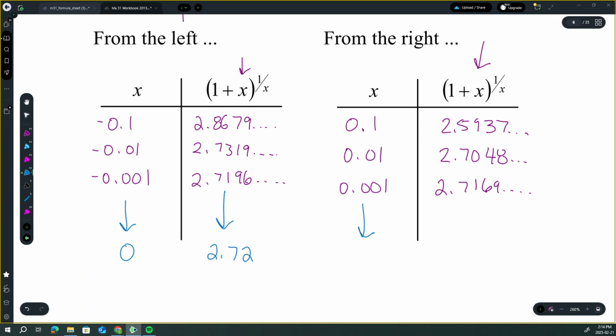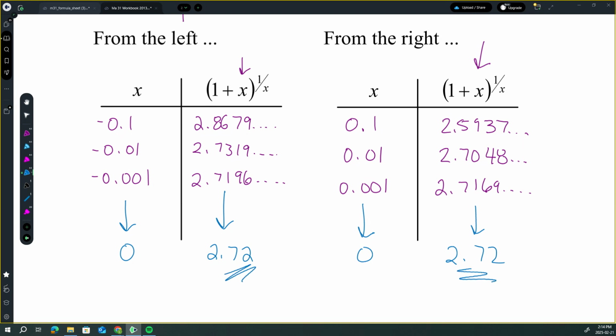For the case we just did from the right, as x approaches 0, f of x is going to approach 2.72, which is great because that means it's approaching the same value from the left and from the right. That's what you want to see.